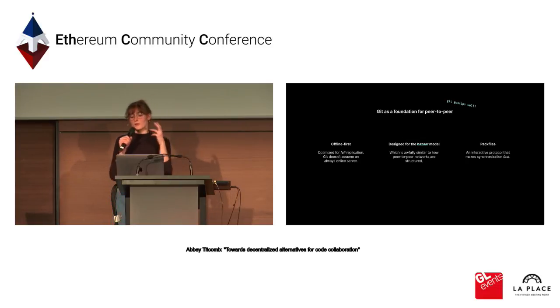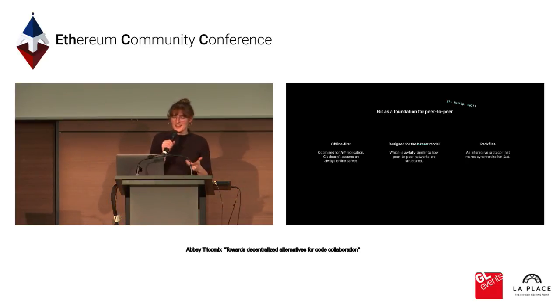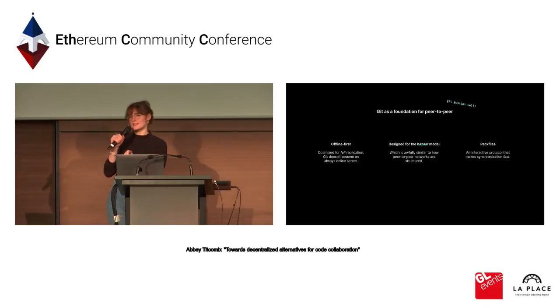It's also designed for the bazaar model, which is very similar to how peer-to-peer networks are structured and designed right now. And then finally, pack files, which is a more technical reason. The way that changes in code are stored in Git is through these really awesome things called pack files that make the protocol really fast and make syncing really fast.